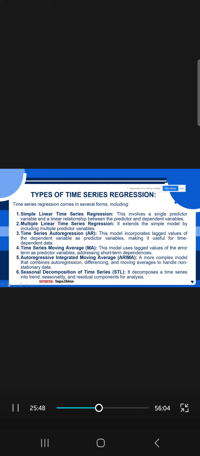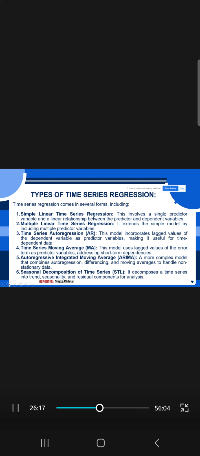The dependent variable is the variable that we are trying to predict, as I said earlier. In multiple linear regression, the relationships are also assumed to be time dependent. So this means that the relationship between the dependent variable and the independent variables can change over time.